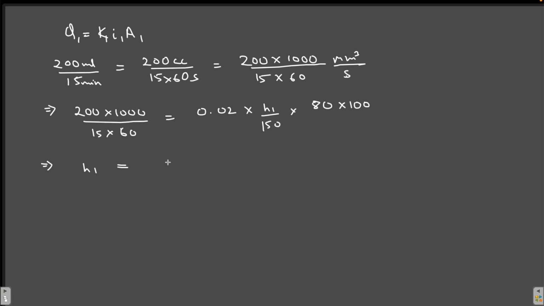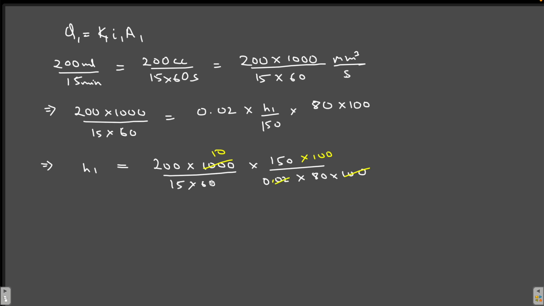So H1 can be found using 200 into 1000 by 15 into 60, into 150, and then divided by 0.02 into 80 into 100. If we solve this, we are going to get the value of H1. So this 100 and this 1000 will be gone by 10 times. Then let me remove this decimal point and multiply 100 over here.